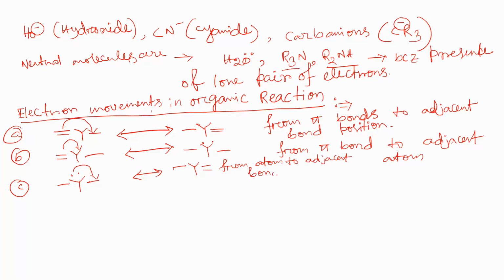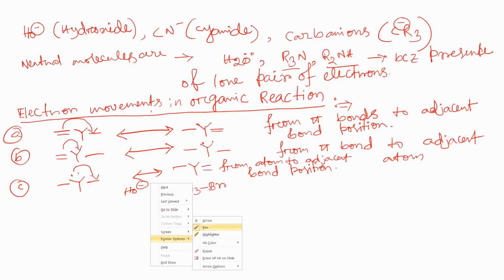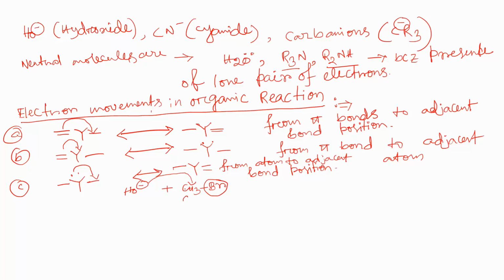Now, if we take an example, let's say we have HO minus. We have discussed that hydroxide can act as a nucleophile. Now we have another molecule, CH3Br, methyl bromide. This OH minus acts as a nucleophile and attacks the electrophile. Which is the electrophile here? CH3, because it is attached to a more electronegative atom, so CH3 is delta plus.